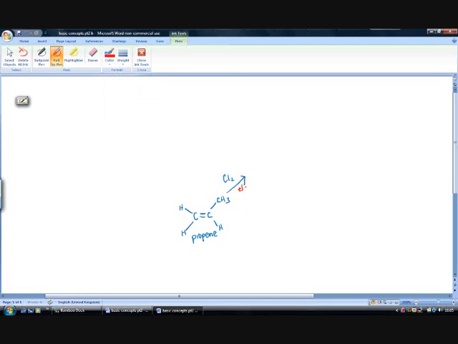So in this case we'll look at the addition of chlorine by electrophilic addition, not substitution. And the two chlorine atoms will add across the carbon-carbon double bond and produce 1,2-dichloropropane.